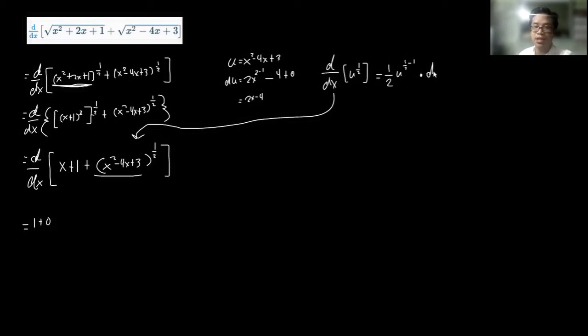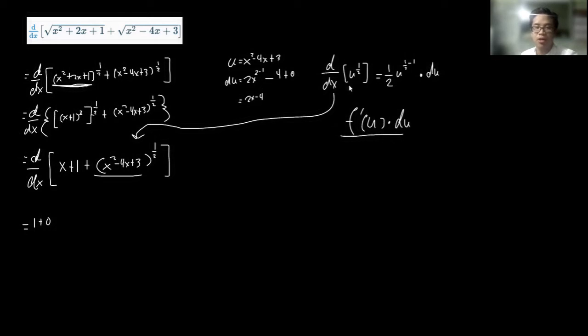And since you are in the process of differentiating, don't forget to what? Put the du. Because the formula for the chain rule is f prime of u times du. That is the formula for this one.